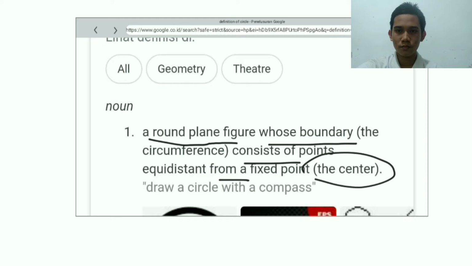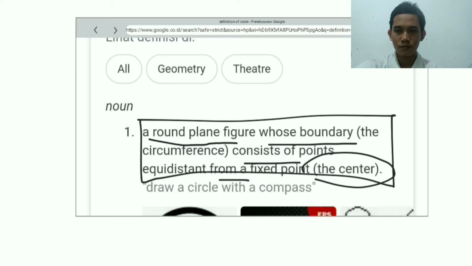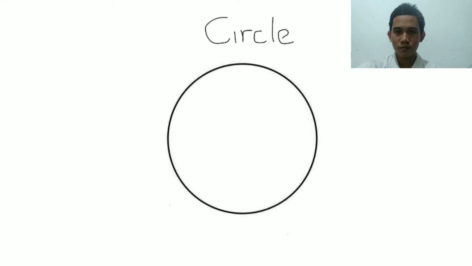Let's simplify this sentence. What can we understand from that sentence? We can understand that a circle is an area bounded by many dots and has one center point, so we can call it A.